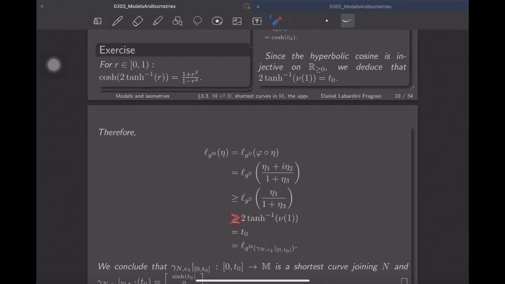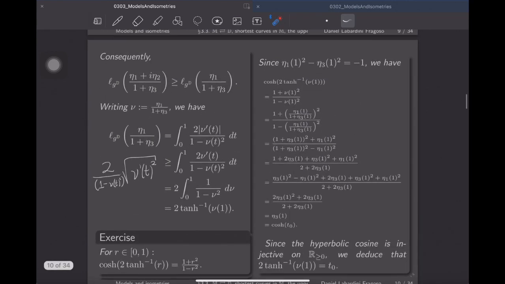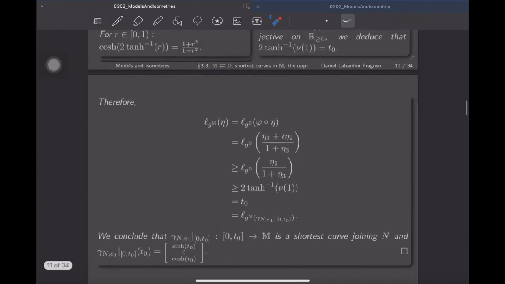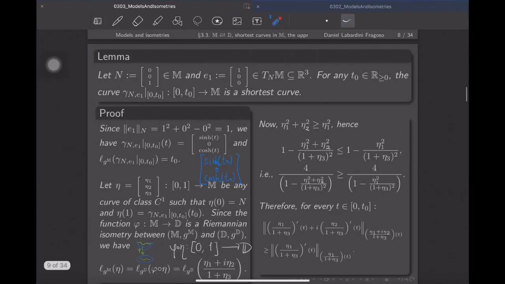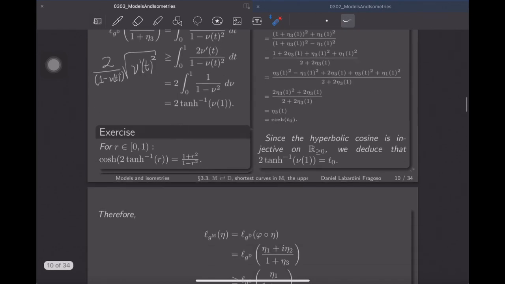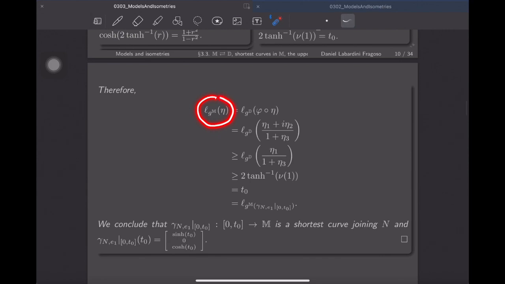Okay, but this number, as we said, has to be equal to T naught, because they are non-negative real numbers that give me the same value of hyperbolic cosine. Okay, it's T naught, but T naught, fortunately, was precisely the length of the curve I was interested in. So, the length of my arbitrary curve in the hyperboloid that joins the two extremes of this curve is greater or equal than the length of my candidate curve.